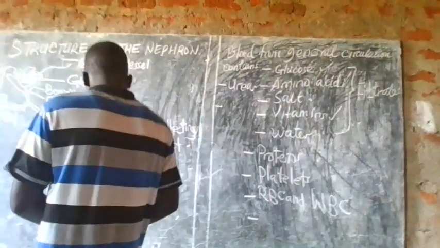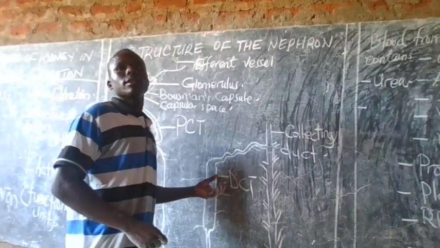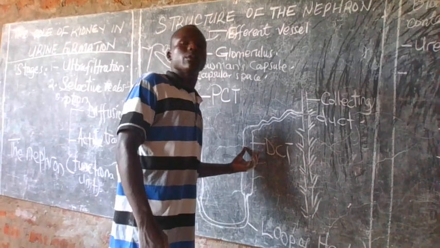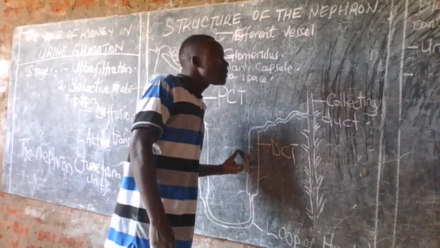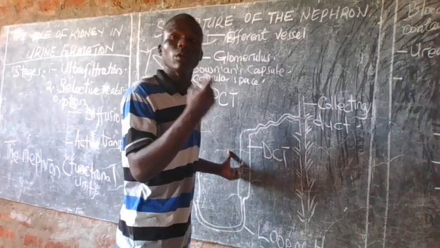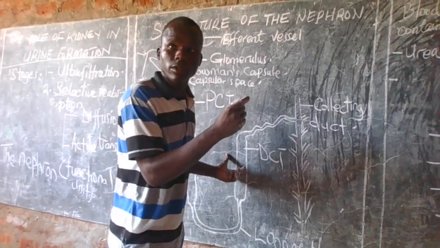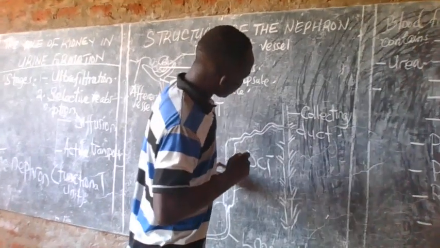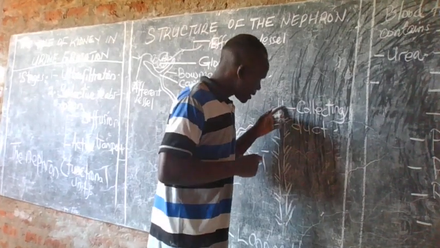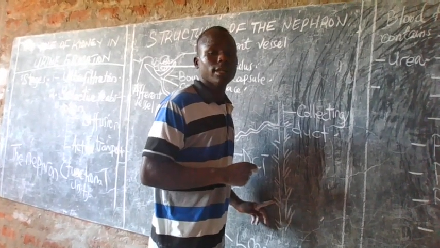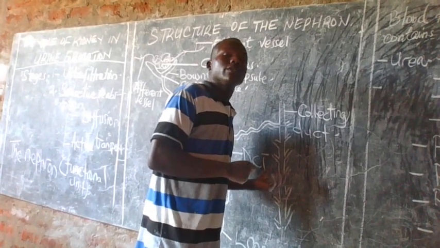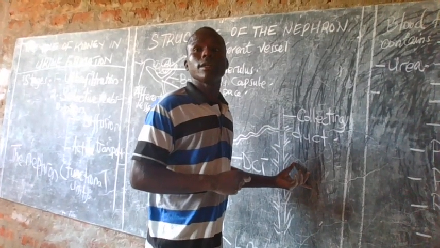So now, in the DCT, some water is reabsorbed back to the bloodstream. Some salts are reabsorbed back to the bloodstream. Urea is left. Is it okay? It is toxic and cannot go back to the blood. It has to pass out. Then the renal fluid continues to flow until we reach the collecting duct. In the collecting duct, a regulated amount of salt and water is reabsorbed back to the bloodstream.